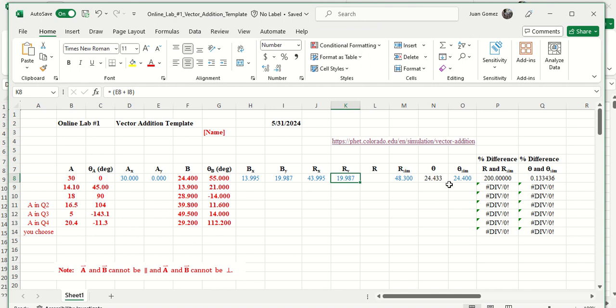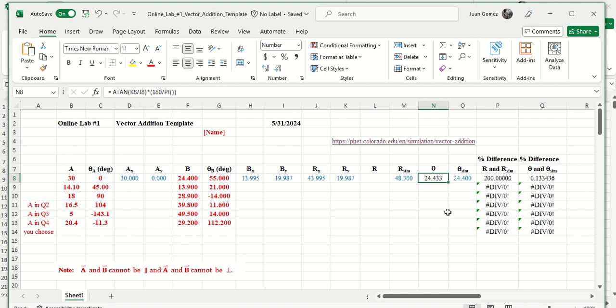Now notice the theta automatically updated itself because I entered the formula for theta for you. Remember, theta would be the arctan of Ry over Rx. So it's going to be the arctan of K8 over J8 here in the formula bar. But then, again, to get degrees, I have to do times 180 over pi.